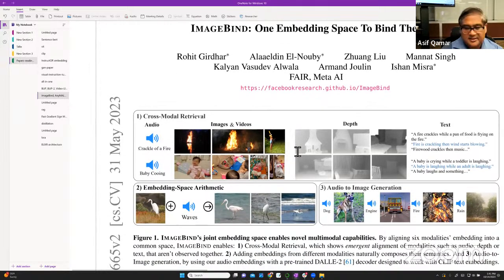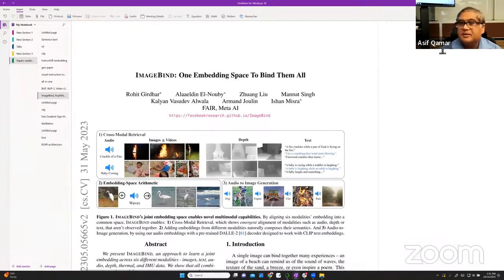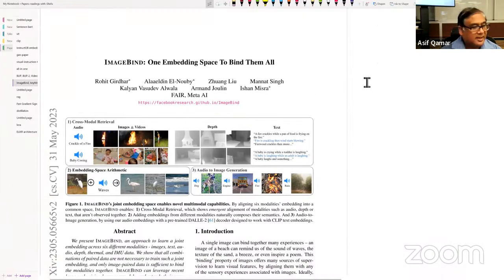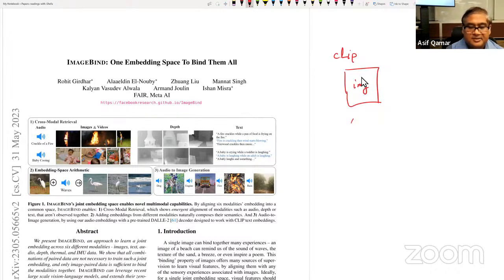The basic idea in this paper, and we talked about it in the morning, is that let's start with CLIP. If you remember, what does CLIP do? Given an image and given some text, let me call it the text modality, you know that these two go together if you scrape it off the web and you're lucky.